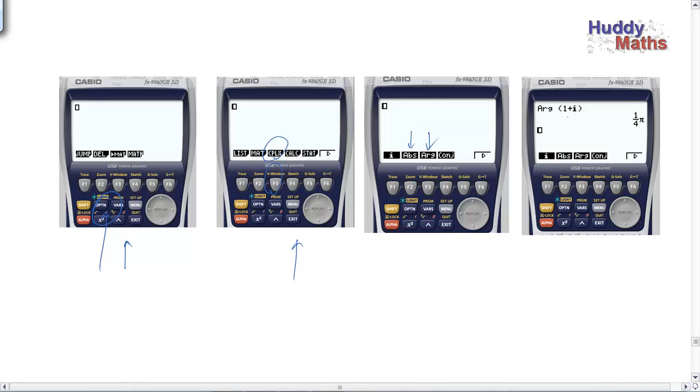So you can put in arg in brackets 1 plus i, and if your run mode is set up as math, so here if you go shift menu in the Casio, you want math format. Generally it stays in there for this course. Math format for run mode is the most convenient. Then you'd get it in pi, or pi on 4 there, or you can convert that to decimal form. So you have got the calculator as a backup there.